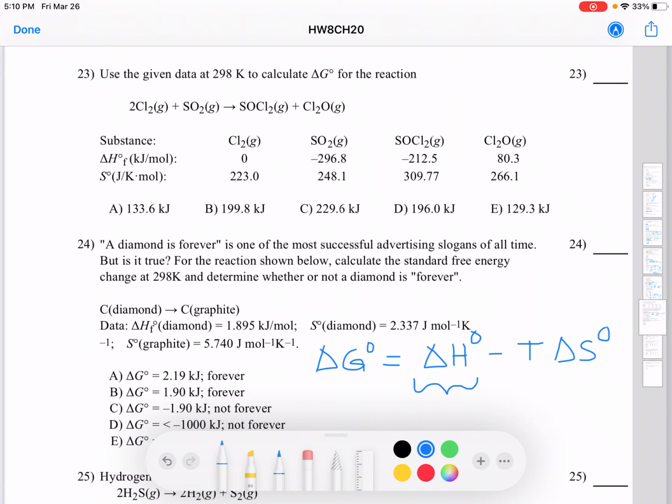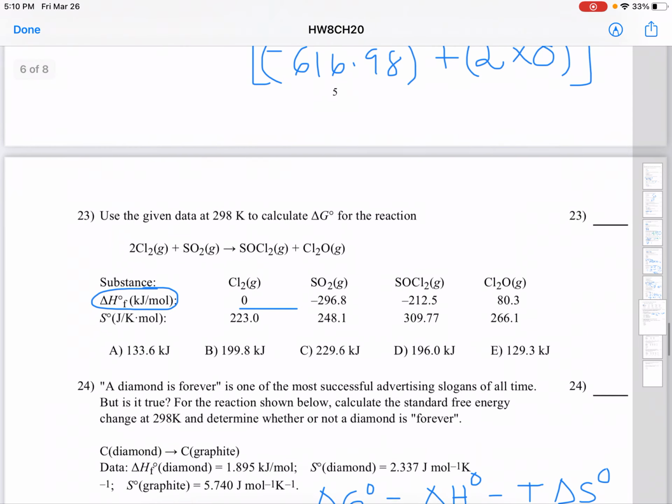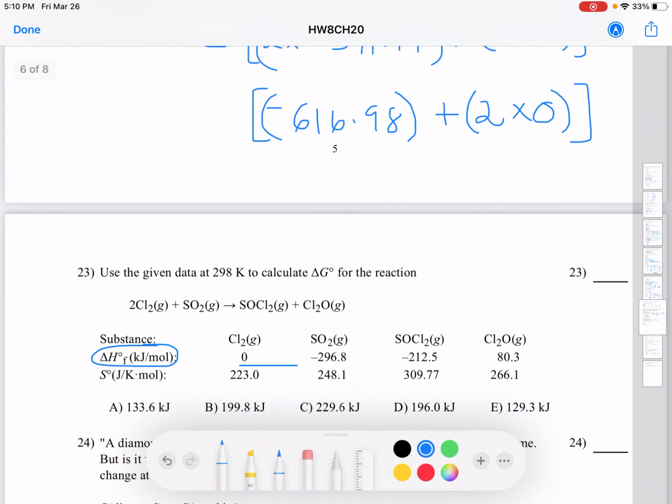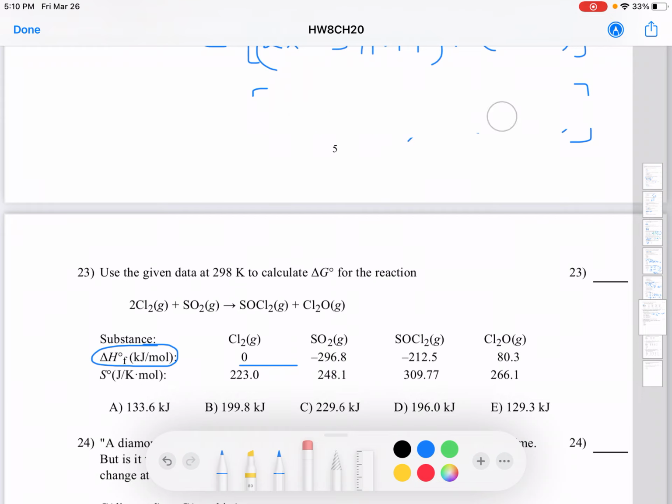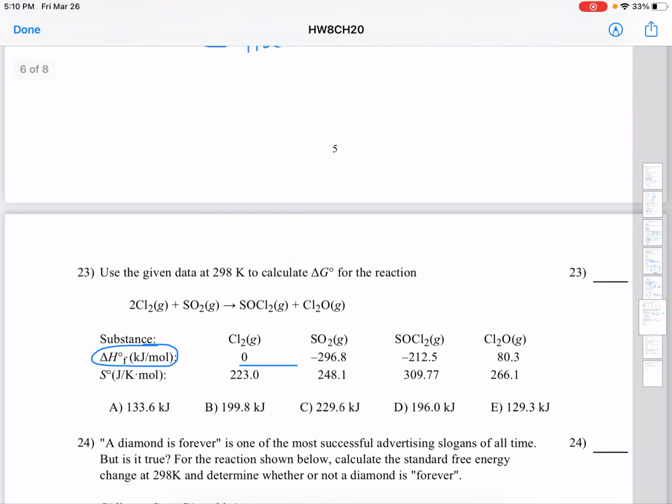How do you find delta H naught? The values given for delta H naught are for individual molecules, so you have to find the delta H naught for the reaction. Just like we calculate delta G, you have to calculate delta H.